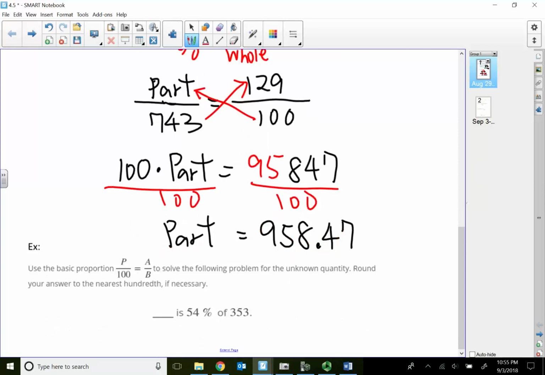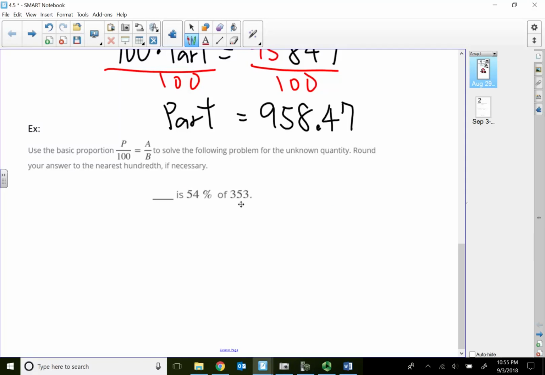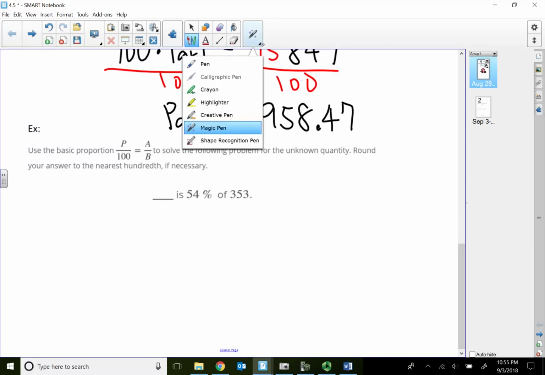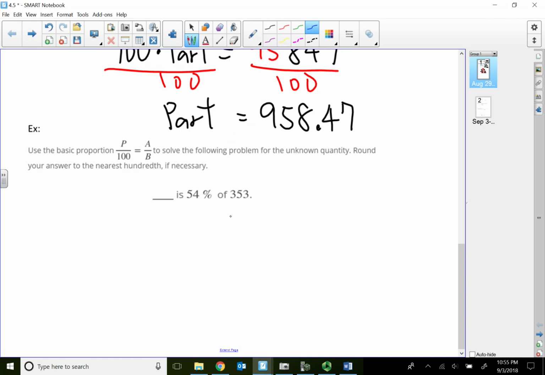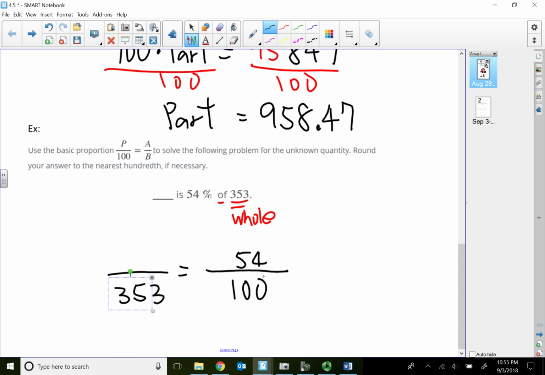All right, let's try another one. What is 54% of 353? So the phrase, of the total. Of the total, so the total or the whole is 353. Once again, if the whole is 353 and 54% is the percent, 54 over 100, then once again I'm looking for the part.